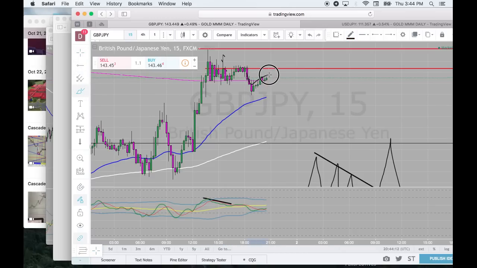I'm expecting it to continue down, possibly something like that, but we'll see. If we were to project the moving averages, we could expect possibly some type of movement like that.